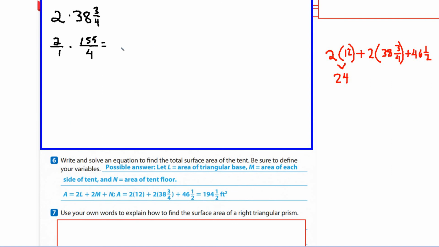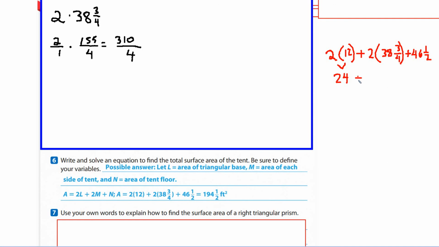Now you can multiply numerator times numerator, denominator times denominator. Let's do the easy one first. 1 times 4 we know is 4, and 2 times 155 is 310. I'm going to leave that as a fraction.